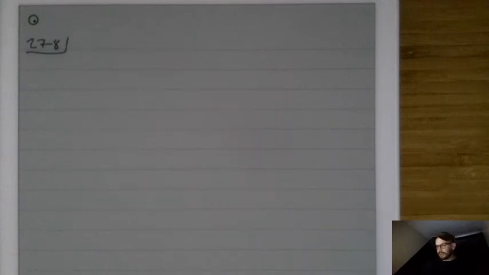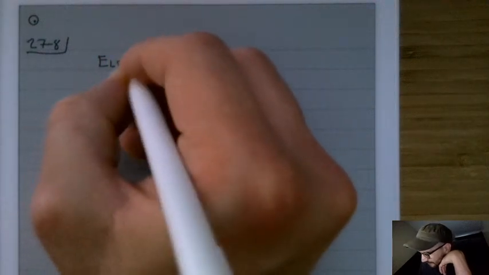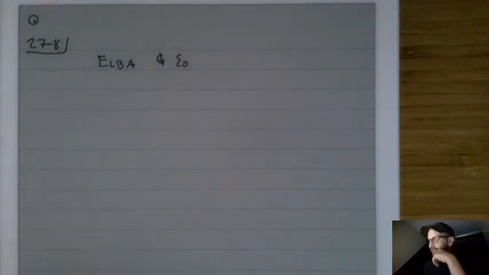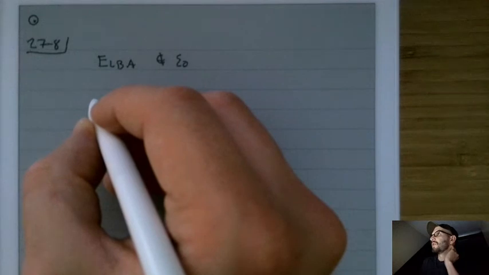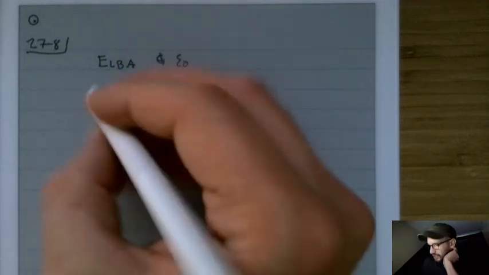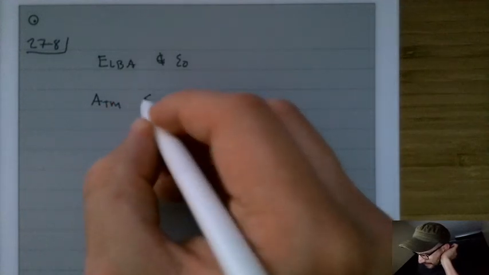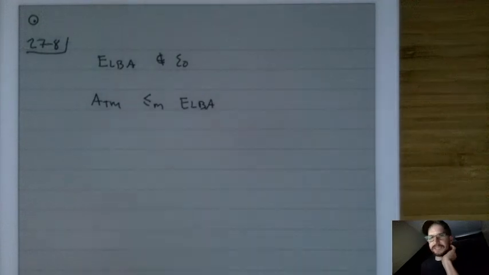All right, but there are some problems that are still undecidable. For example, E_LBA is not inside of sigma 0. And the way that we can show that is we can show that A_TM is mapping reducible to E_LBA. Okay, so what does that mean?